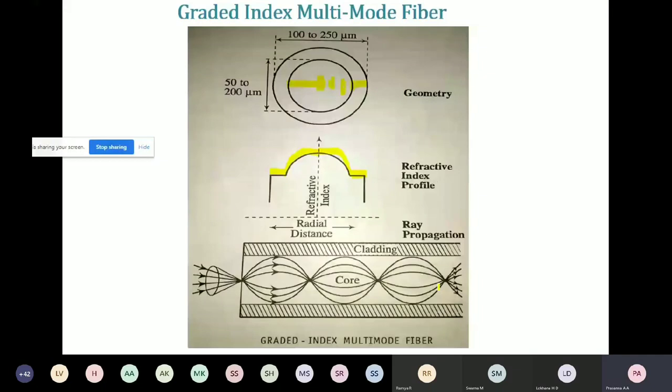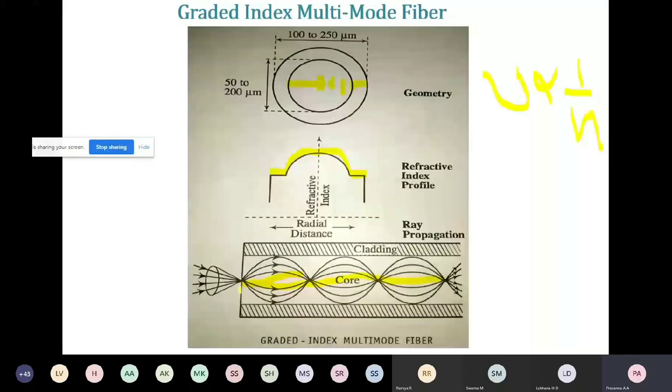How intermodal dispersion is suppressed is what we need to understand. Let me again tell you that velocity is inversely proportional to the refractive index of a medium. If that is true, in the region of higher refractive index, in the central part, you are observing that there are few rays traveling only in the central portion. Why?